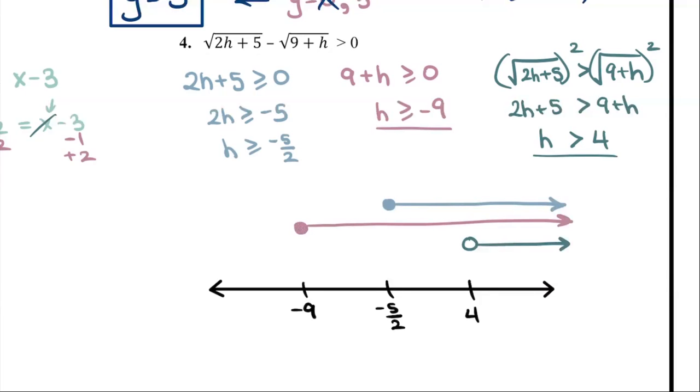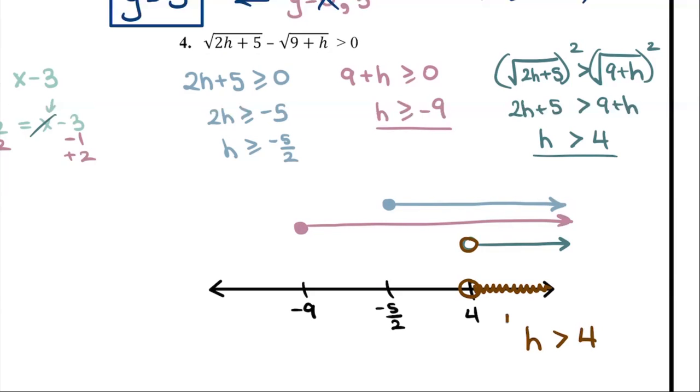And now you guys need the piece. Your final answer is going to be where all 3 overlap. It has to be all 3 overlapping. So that's only at this spot on the number line, with an open circle at 4, since we have an open circle here. So your final answer is h is greater than 4.